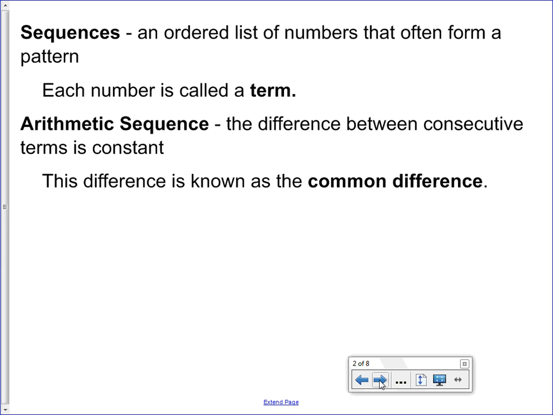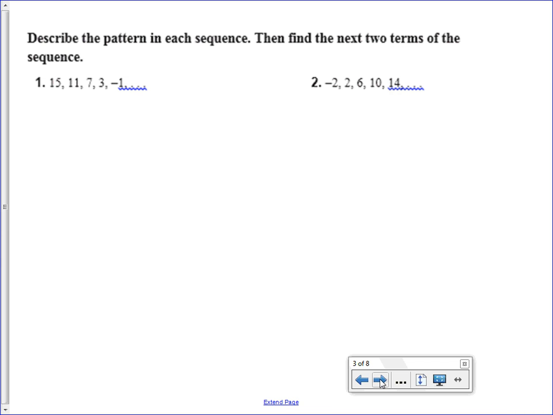Okay, so let's take a look at a few things. First of all, describe the pattern of each sequence, then find the next 2 terms. So one of the things you'll have to do today is try and find the pattern. If we look at this first one, it goes 15, 11, 7, 3, negative 1. So we can see that the pattern is decreasing by 4 each time.